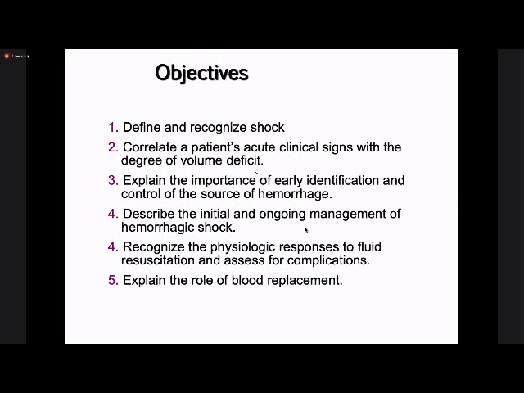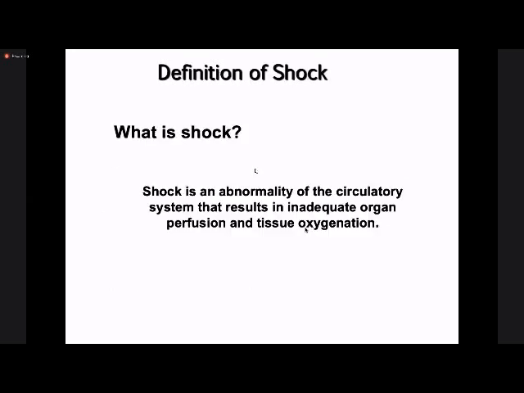Correlate the patient's clinical signs with the degree of volume deficit, that is, classes of hemorrhage. Early identification and control of the source of hemorrhage, you need to know. Describe the initial and ongoing management of a patient with shock, physiologic responses, and when to give blood. When to give blood, how much blood to give, and what type of blood to give are some of the other things you need to know.